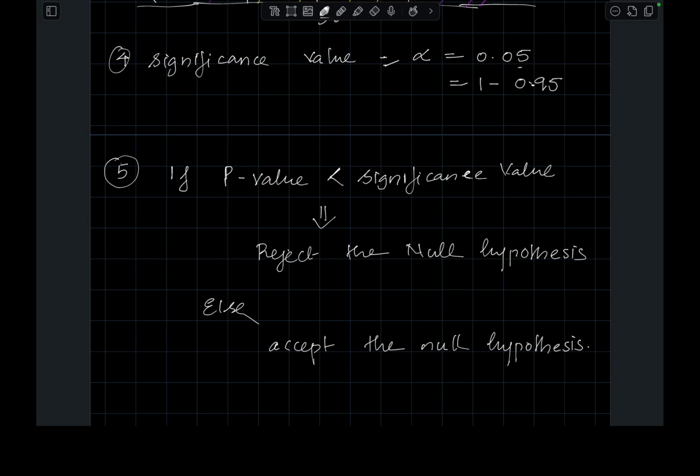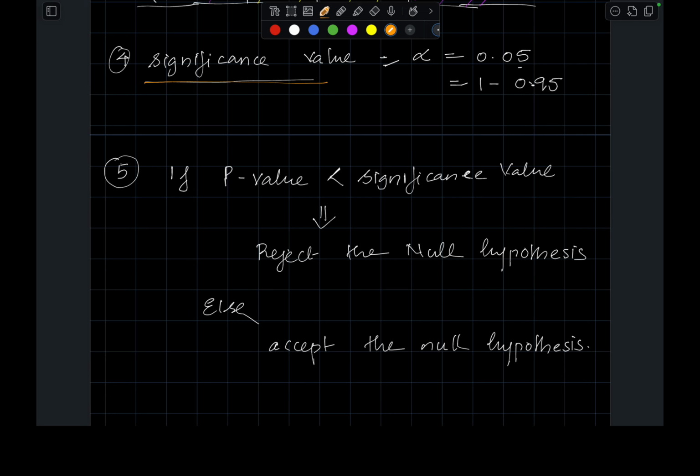Here, since we took a 95 percent confidence interval, the alpha value or the significance value will be 0.05. So if the p value is less than 0.05, we will reject the null hypothesis which says that the coin is fair.